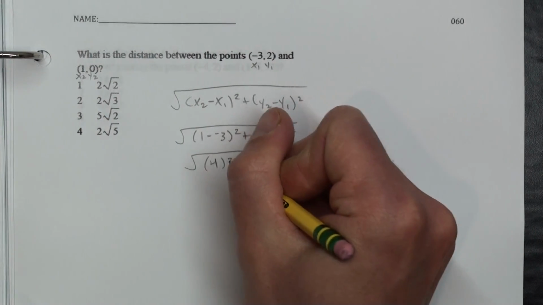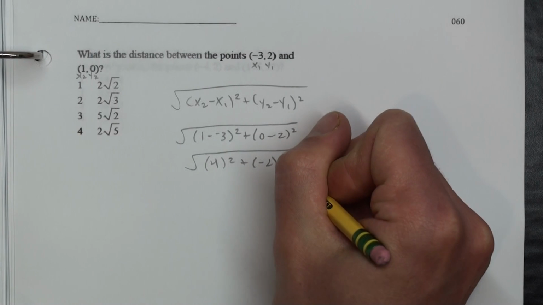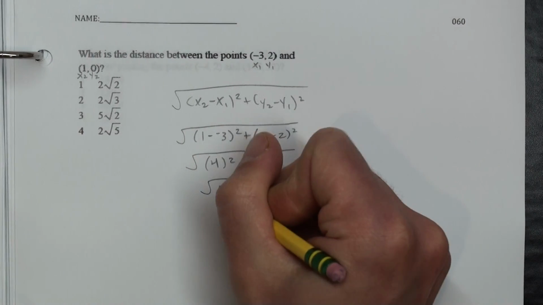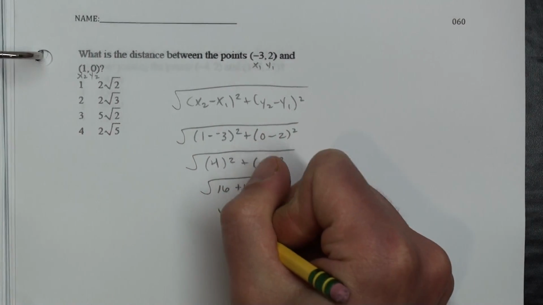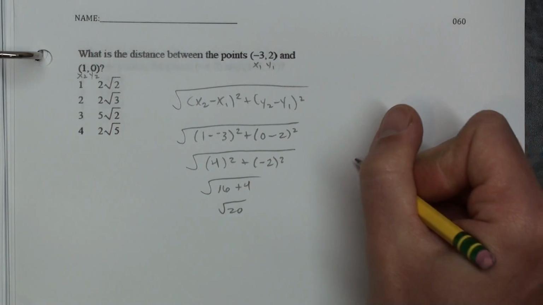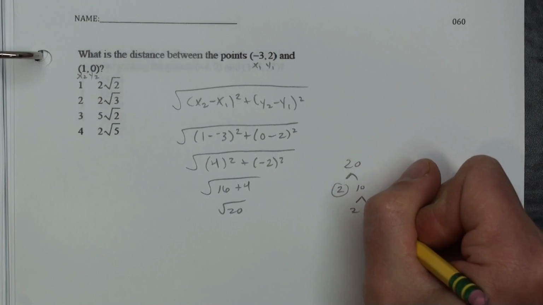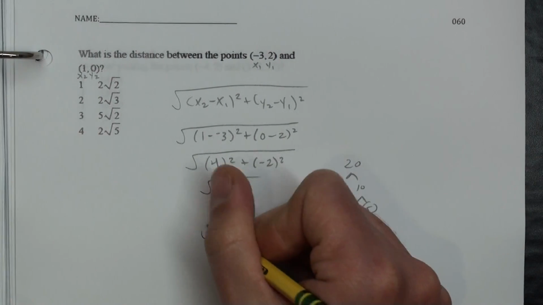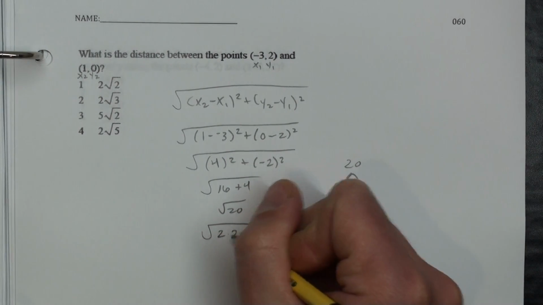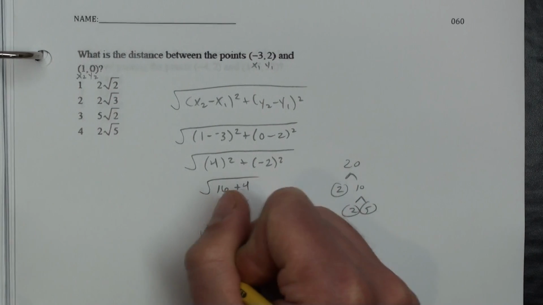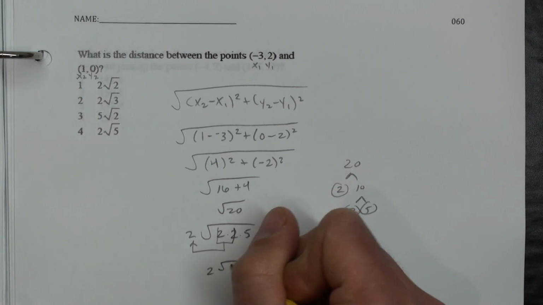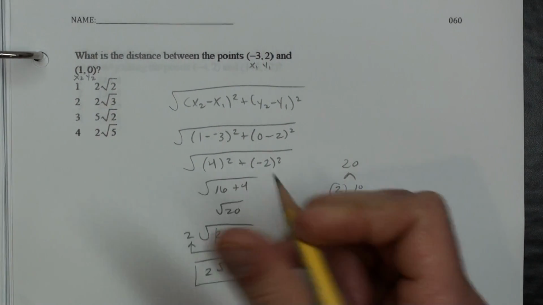That's 4 squared plus negative 2 squared. So that's 16 plus 4, that's the square root of 20. Now 20 can be broken down into 2 and 10 and 2 and 5. So the square root of 2 times 2 times 5. Cross out 2 2's, bring 1 out front. 2 square root of 5.